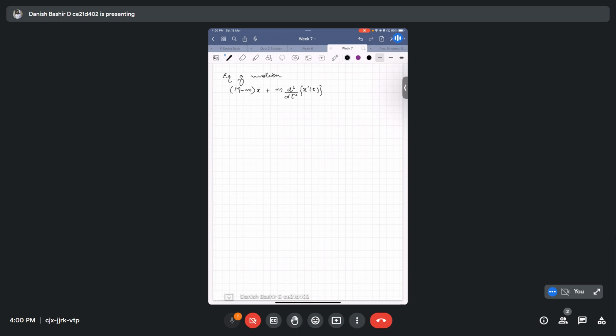Plus it is having some damping c x dot plus stiffness kx, and it will be all equal to 0.